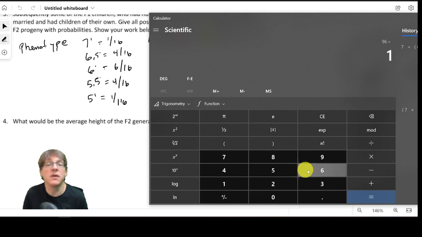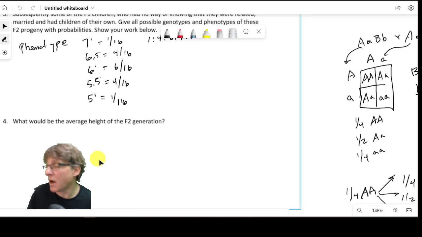So what would the average height be? The average height would be 6 feet.